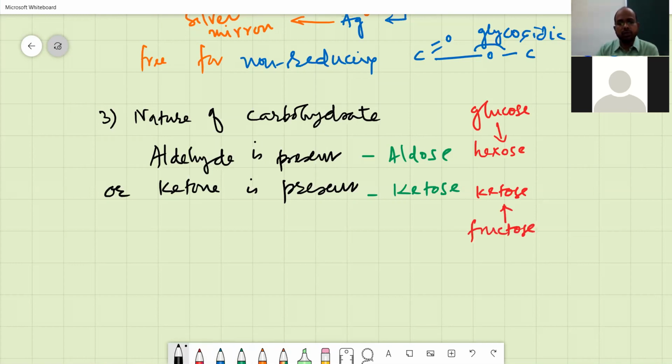In fructose, you have a keto group. In glucose, you have an aldehyde. This is the important point.